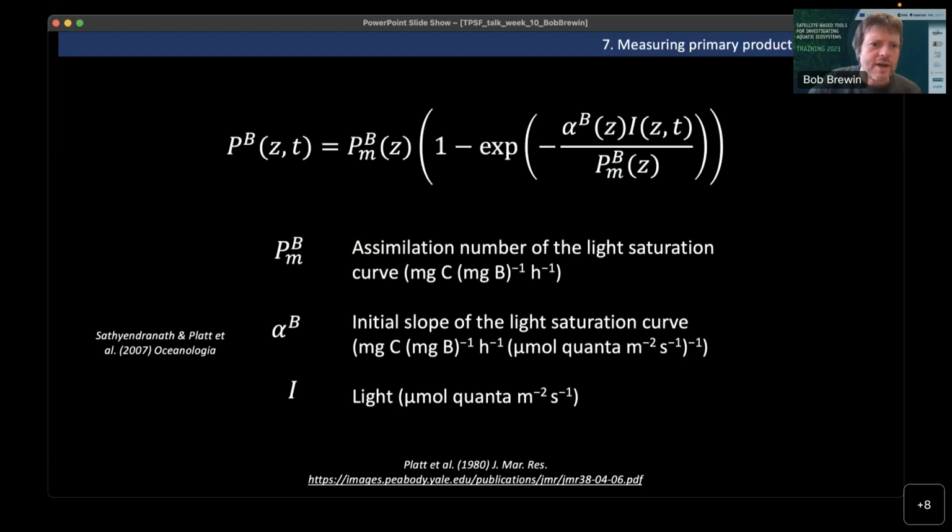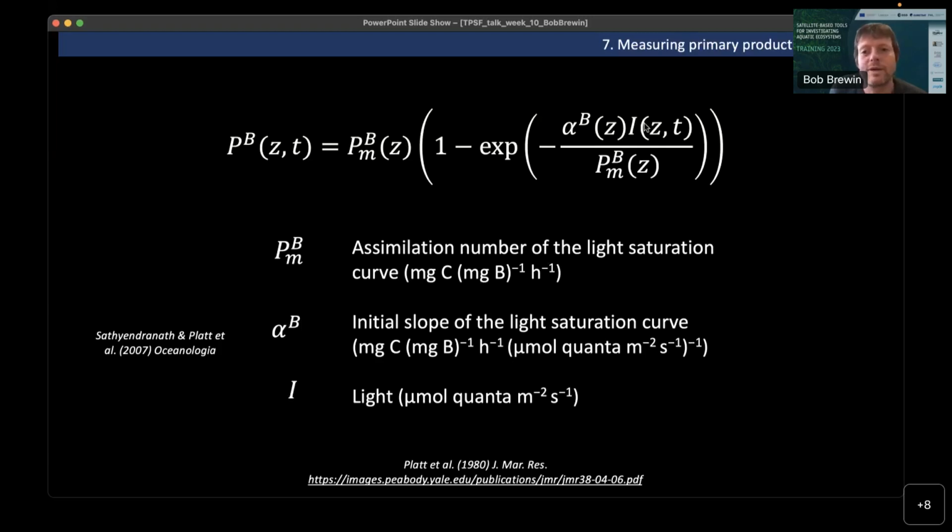One thing to bear in mind is that many of these parameters and variables vary with time and with depth. To keep things simple in this example, our PB max is varying with depth here, and so is our alpha B, and our light irradiance is varying with depth and time.